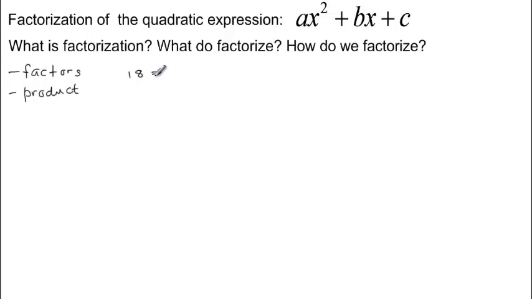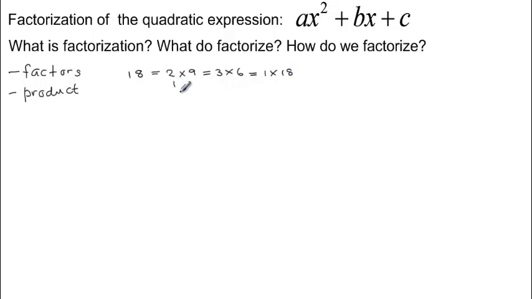Then 18 is a number which has factors 2 and 9, meaning 18 is equal to 2 times 9, which is also equal to 3 times 6, and we also have 18 equals 1 times 18.